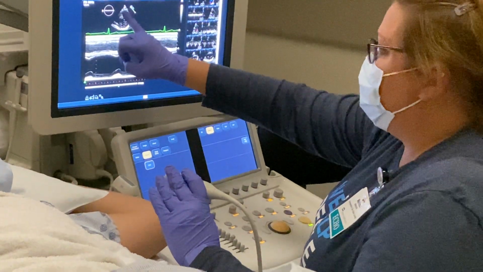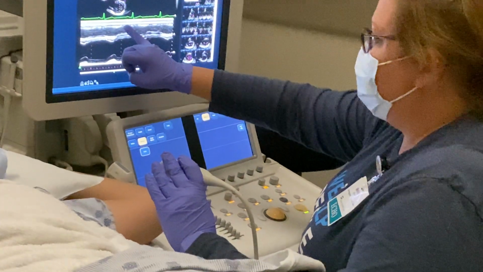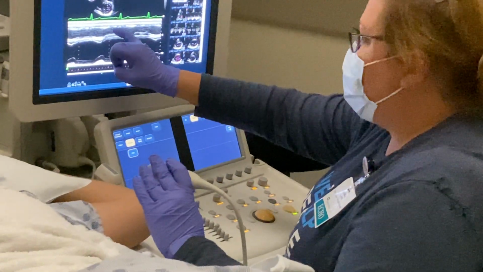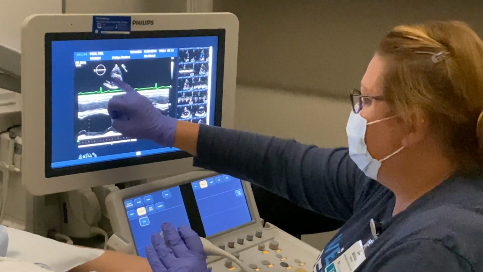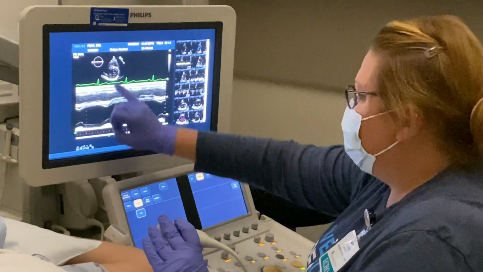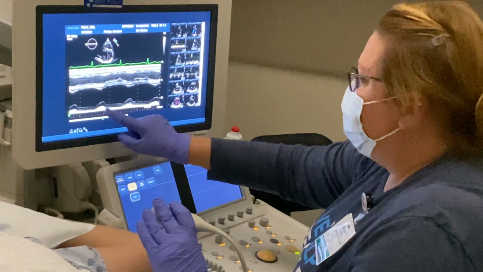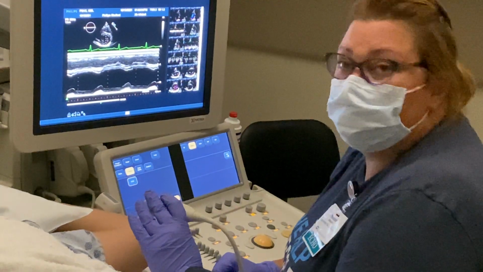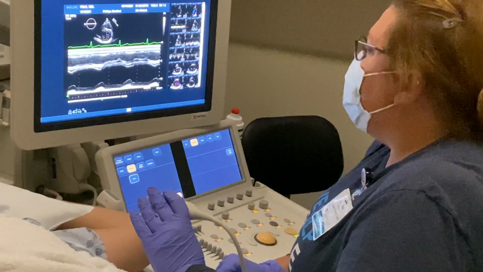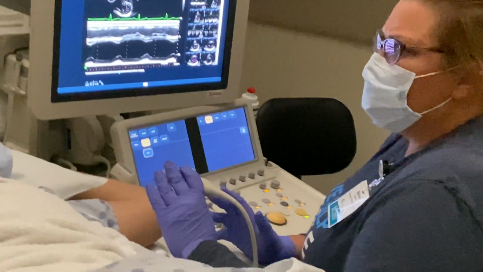So you can see that it's transecting the RV free wall, which is up here, the RV cavity, the interventricular septum, the LV cavity, and also the posterior wall, and this bright white is the pericardium. We talked about measuring just a little bit.